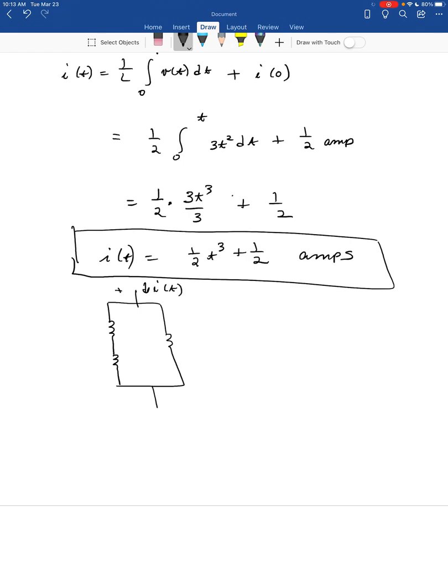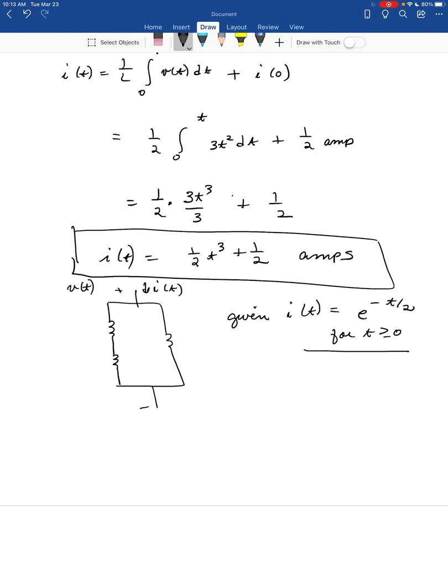So i of t, v of t. Let's say we're given i of t is e to the minus t over 2 for t greater than or equal to 0.